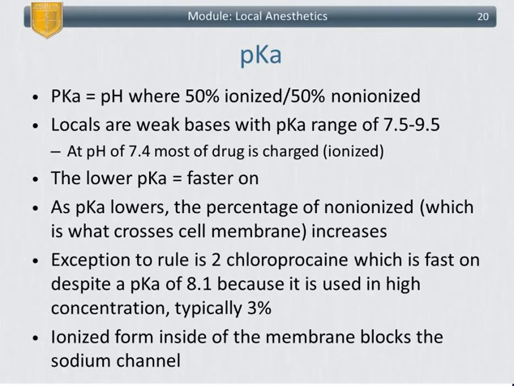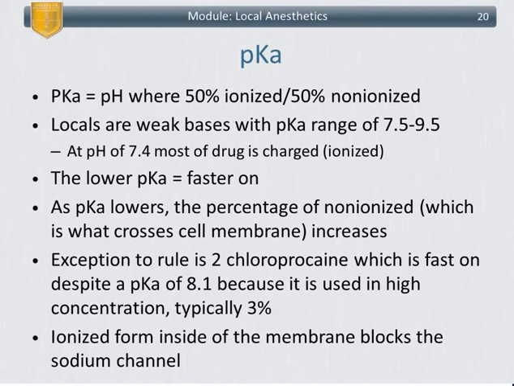Local anesthetics are all weak bases with pKa's between 7.5 and 9.5. That's the pH at which they're half ionized and half non-ionized, which means at 7.4, which is a pH lower than pretty much all the pKa's, most of the drug is going to be ionized or charged because they've picked up a hydrogen ion.